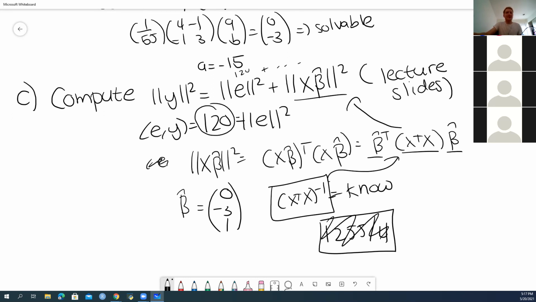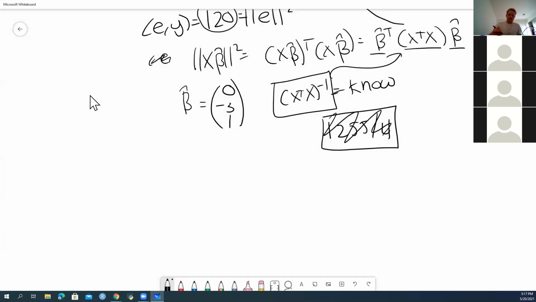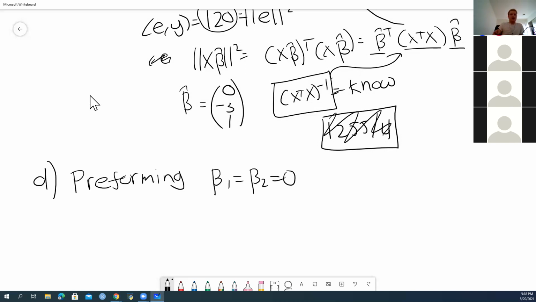Okay. Now let's look at D. For D, we are basically performing the test of beta 1 equals beta 2 equals 0 at an alpha level of 0.05. So we need to report the p-value.